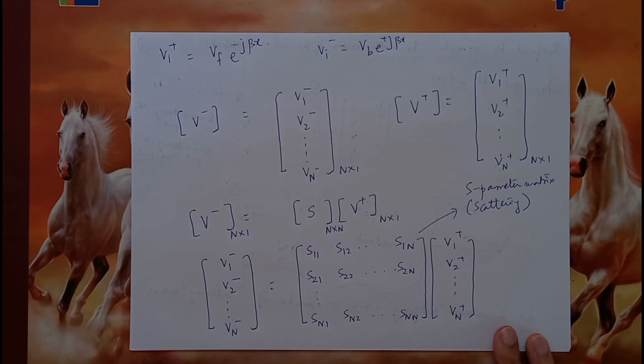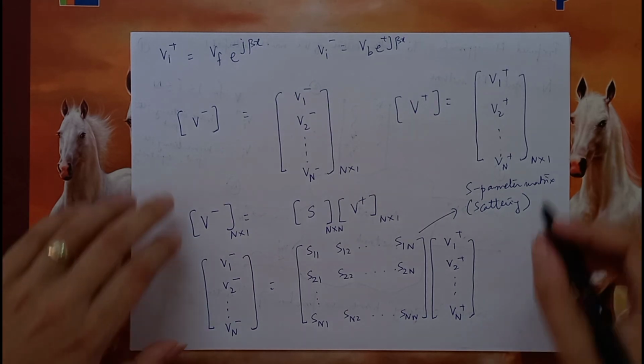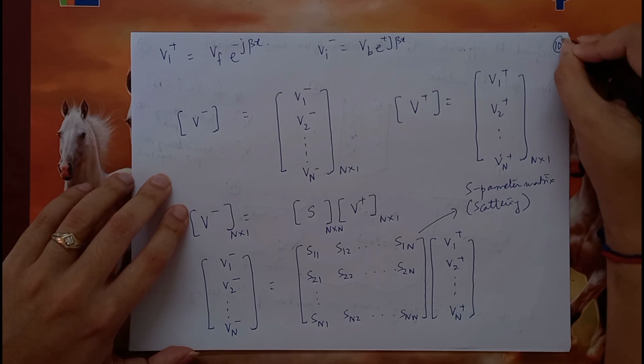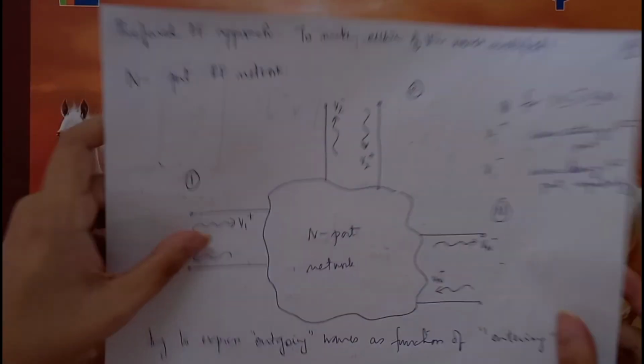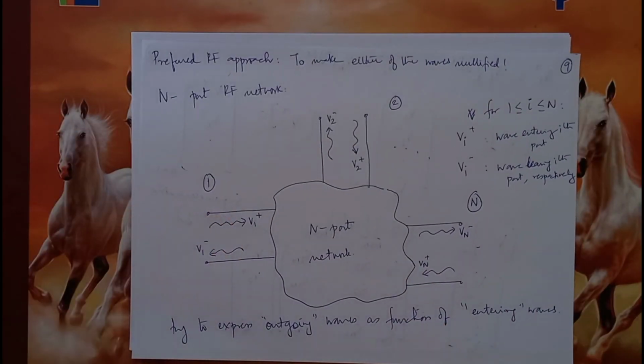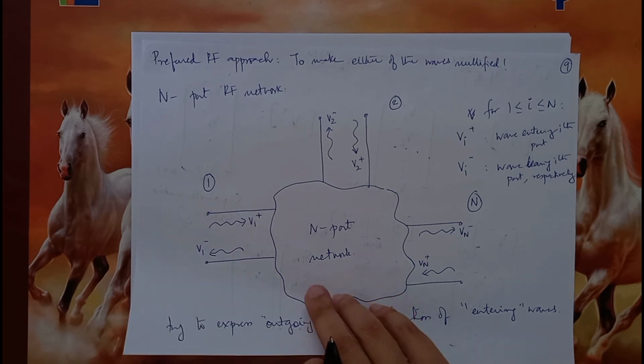The name scattering comes because if you have a port and there are multiple waves entering and leaving, it is thought that there is some kind of physical phenomenon because of the interaction of these waves and the network properties. The effect is very similar to what scattering is in physics. Therefore the name scattering.